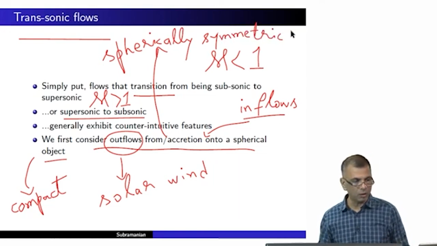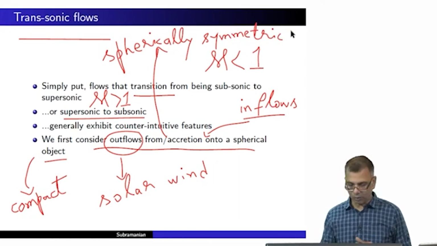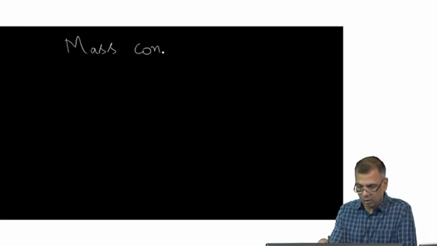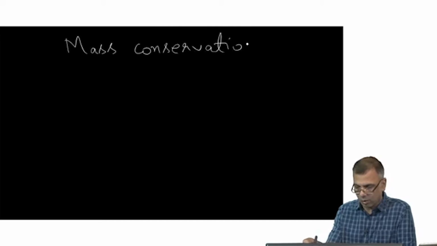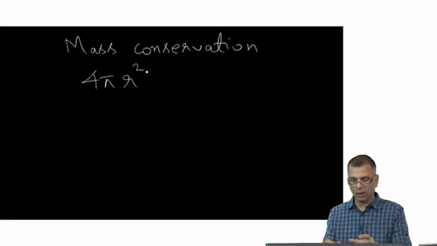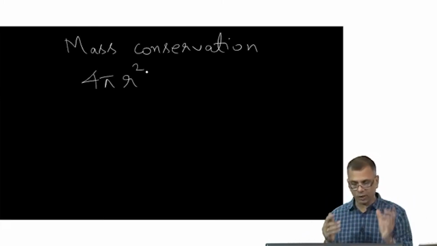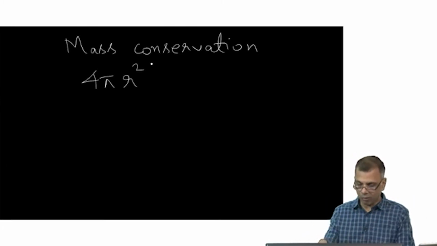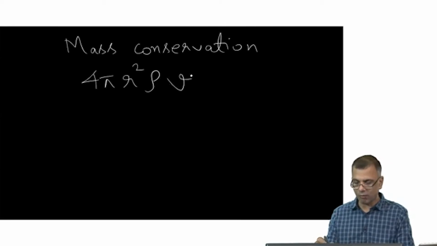This is really what we are talking about, right. So, let us start off like this. We introduce mass conservation in the following guise. 4 pi r squared is the area of a sphere of radius r, this is the mass density, and this would be the velocity.